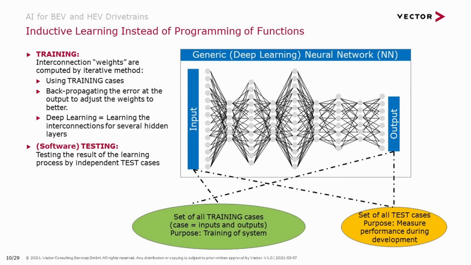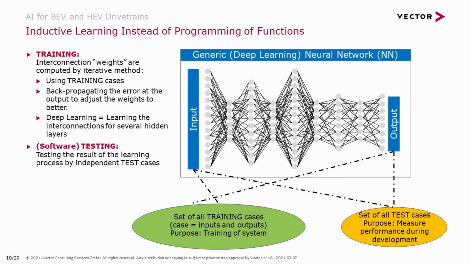Then you compare the desired output with the actual output, and based on that the training algorithm adjusts the internal parameters. Then you take a set of test cases to figure out how well it is doing. The purpose is to measure the performance during development.